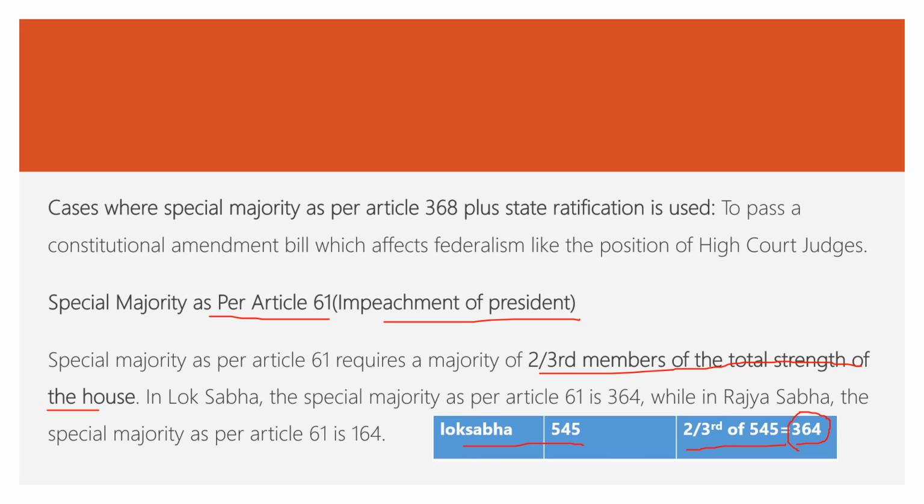Then only the President can be impeached. This applies to both Rajya Sabha and Lok Sabha. When both houses give 2/3 support, then the President will be impeached. So this is as per Article 61.